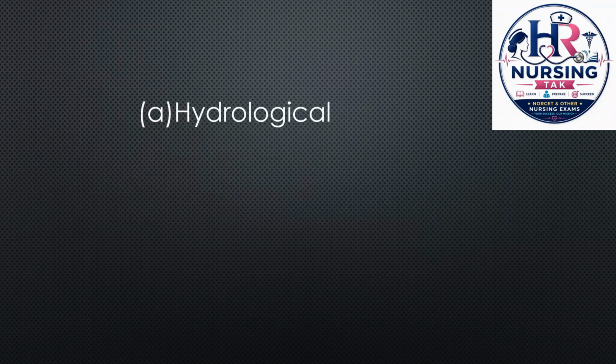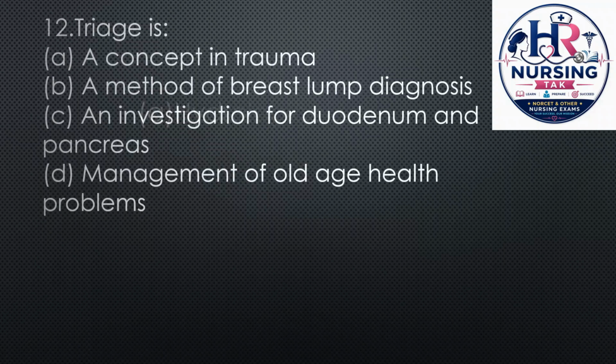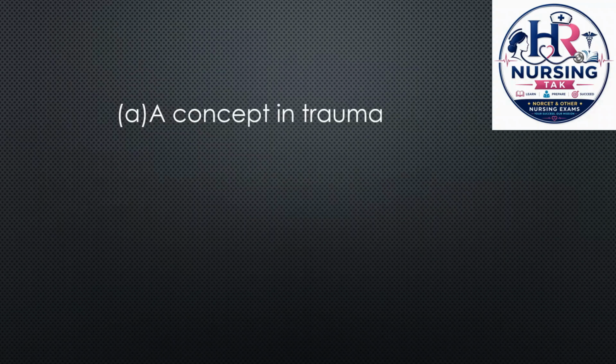Answer is A. Hydrological. Question 12. Triage is A. A concept in trauma. B. A method of breast lump diagnosis. C. An investigation for duodenum and pancreas. D. Management of old age health problems. Answer is A. A concept in trauma.